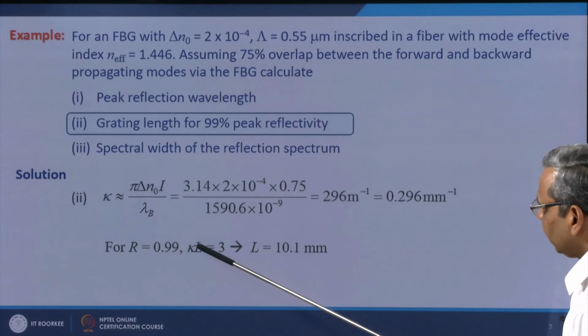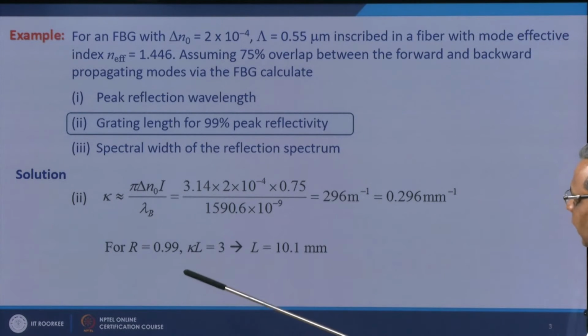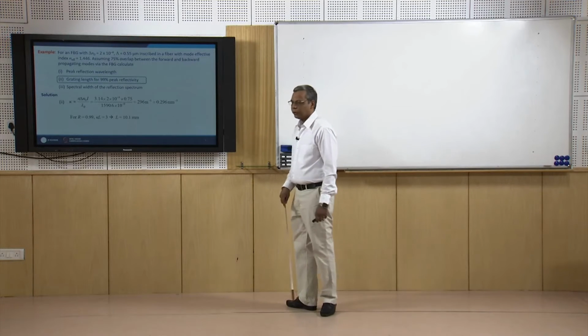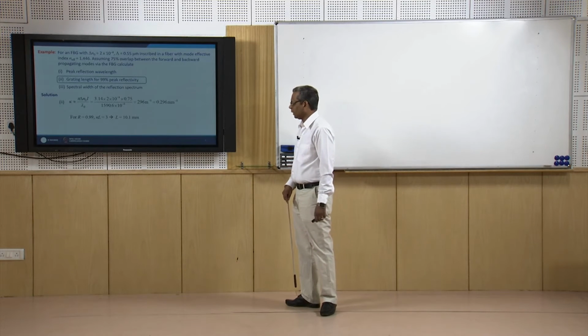I know that for kappa L is equal to 3, R would be 0.99, and since I have already calculated the value of kappa, so L will be immediately given by this relationship. So, it comes out to be about 1 centimeter or 10 millimeters.